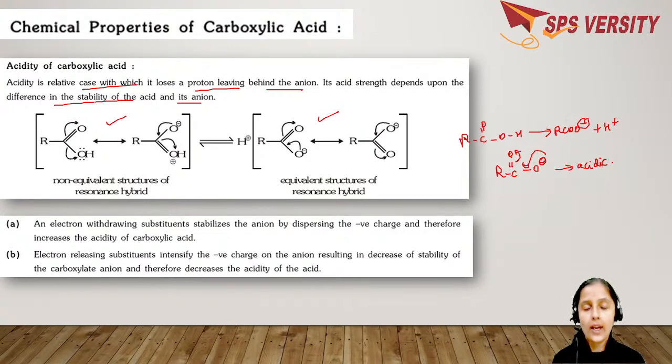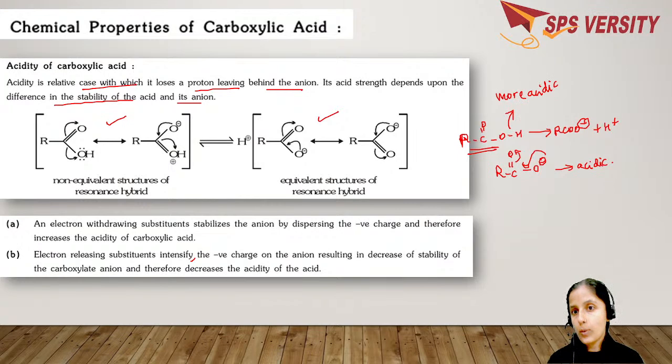And if you have any electron withdrawing groups, the more polar is this OH group in RCOOH, the more acidic it is.